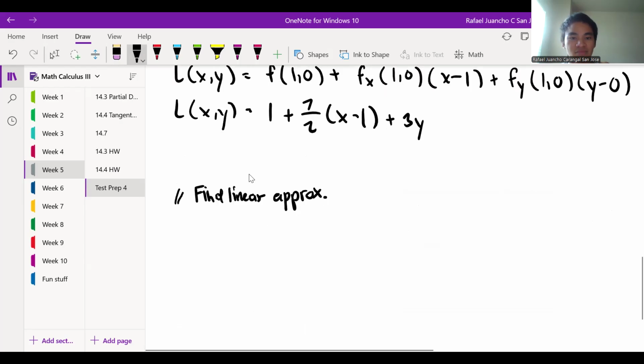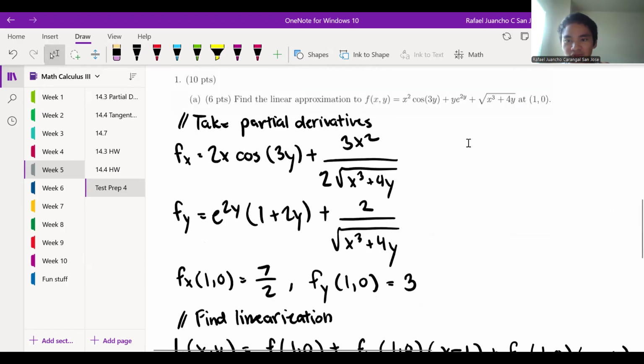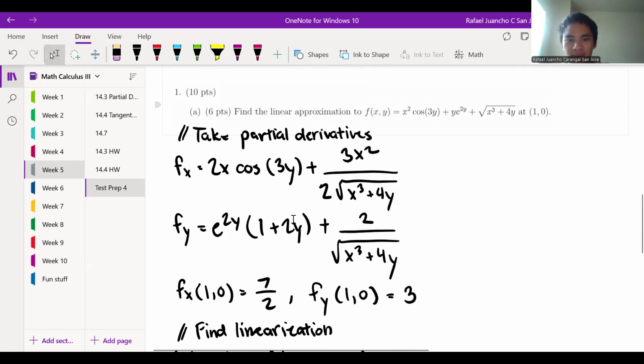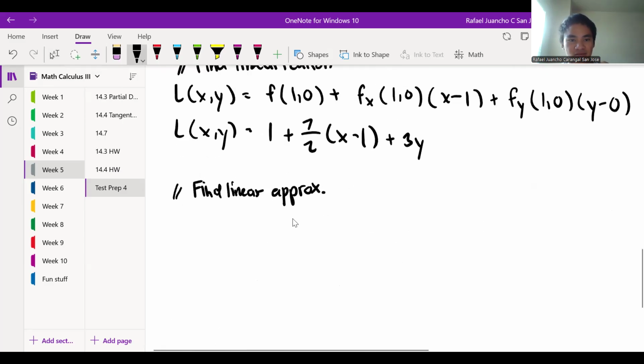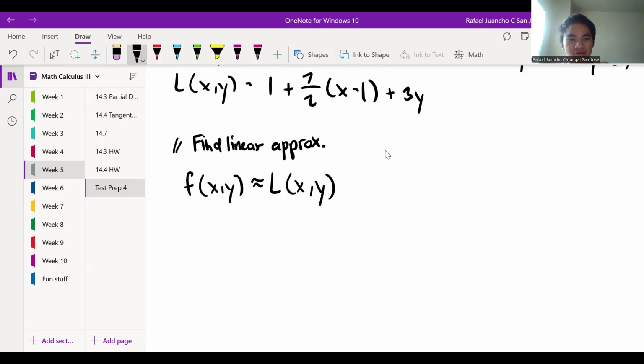That's my linearization. Finally, my linear approximation is when I try it out in a new point, right? So I'm saying that my f is approximately my linear. And so I just basically get f at 1, 0 is approximately my linearization, which is just 1 plus 7 half.